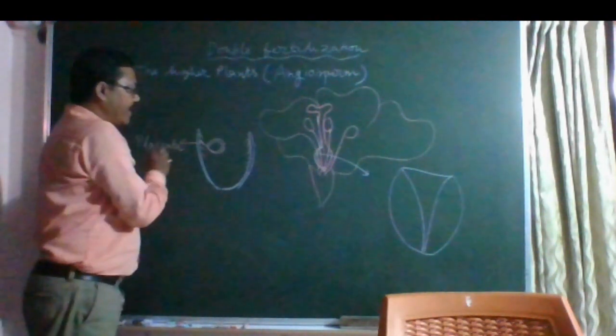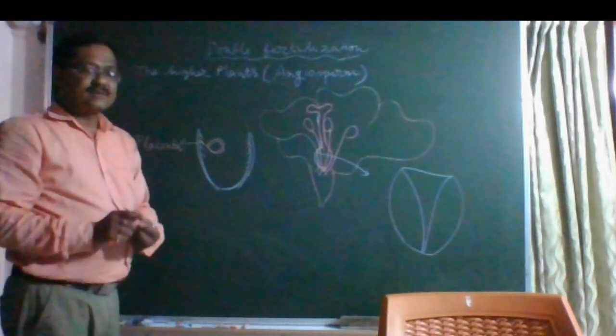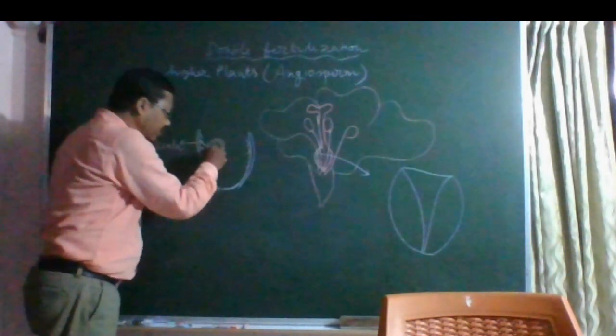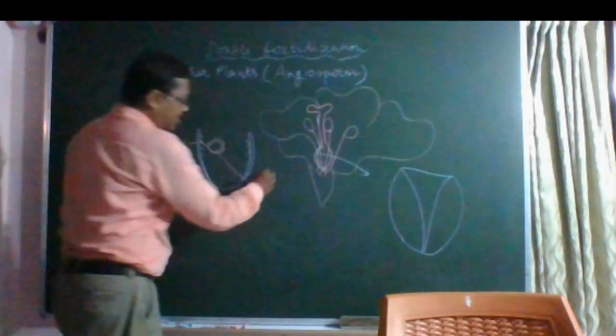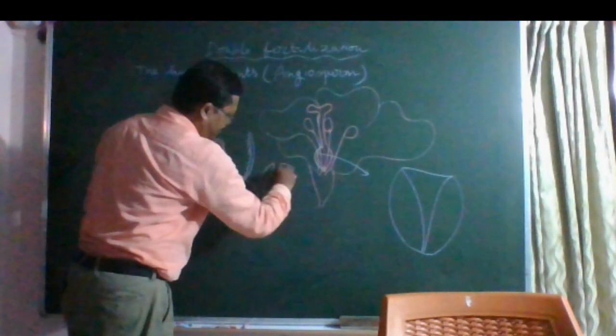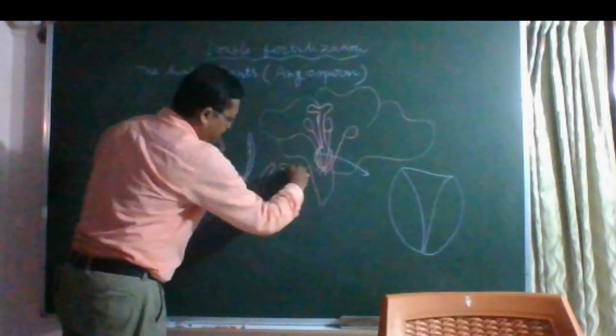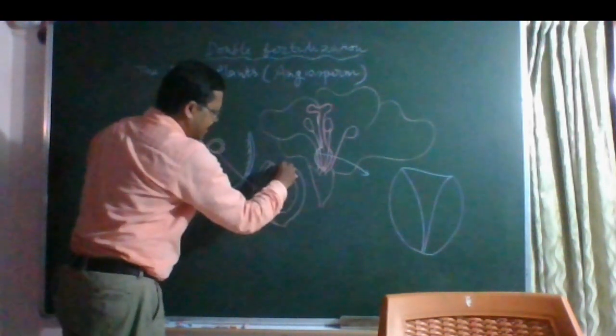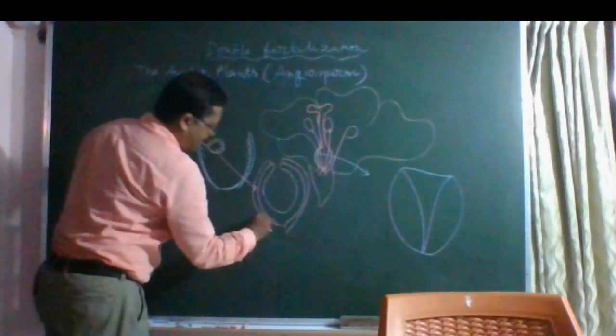This ovule, when we study the internal structures of ovule, consists of one or more integuments. What is integument? Integument is the cover of the ovule.